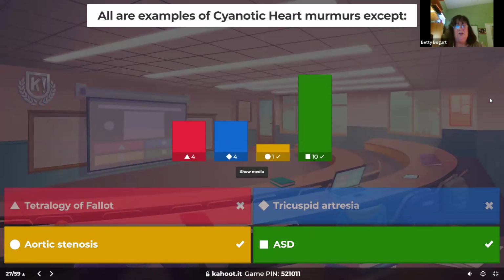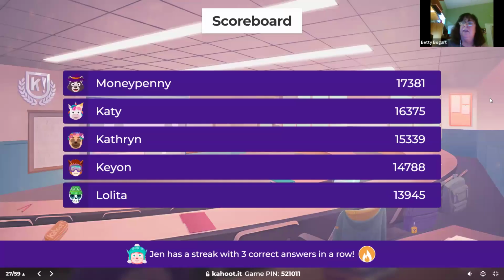Blood's not going where it should. Aortic, it's still going out. It's okay. But ASD, VSDs, and PDAs are all your acyanotic. You're going to see tetralogy and tricuspid. Can you imagine there's no opening between the right atrium and the right ventricle? Can you imagine? It's closed. So they have to do a lot of different things on that child.